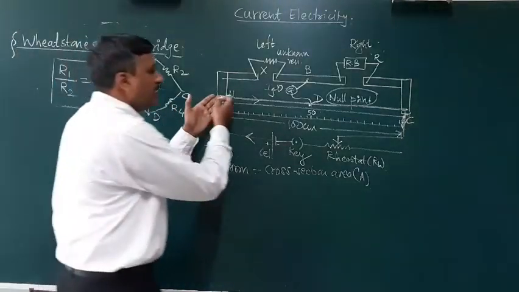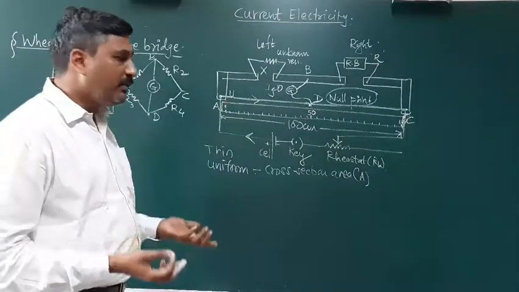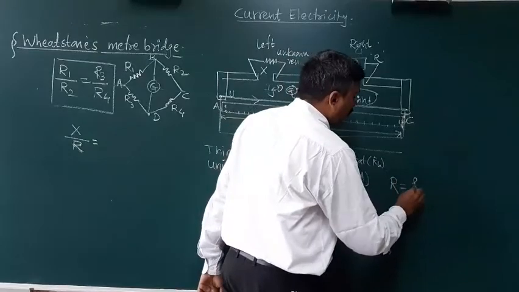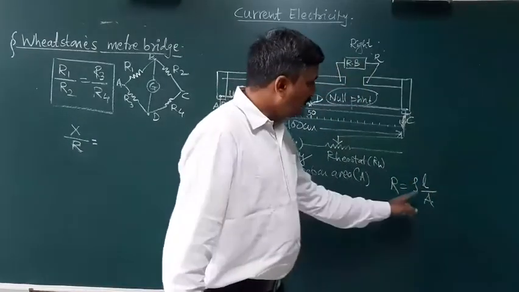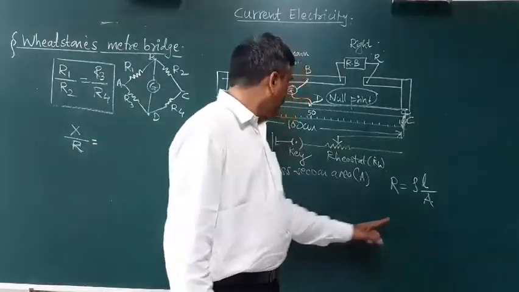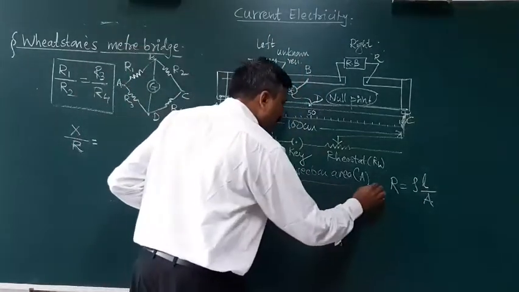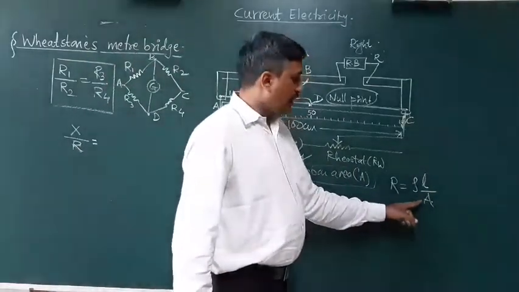But there is no resistance given, so how can you write it? It will be very simple. Resistance is given by rho L divided by A. A is constant because my wire is thin and uniform, meaning the cross-section area is constant.